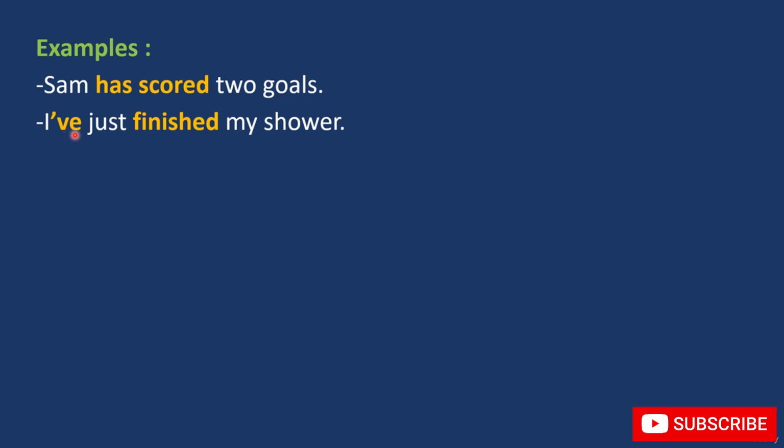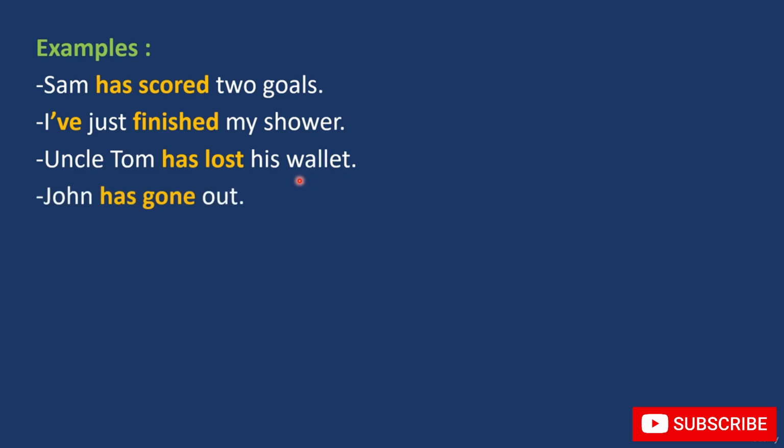I have just finished my shower. Uncle Tom has lost his wallet and till now he hasn't found it. John has gone out and he is still out. He hasn't returned.